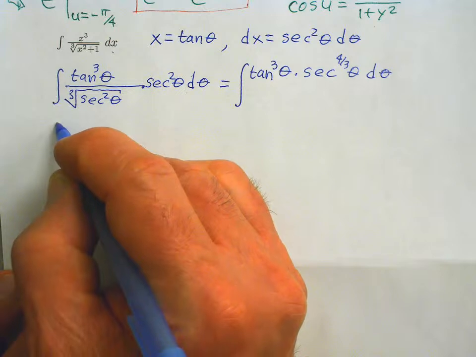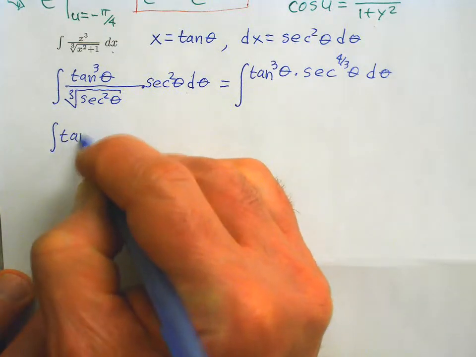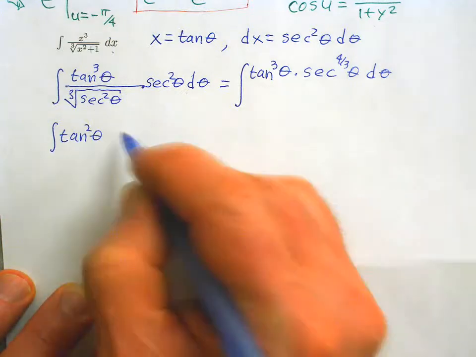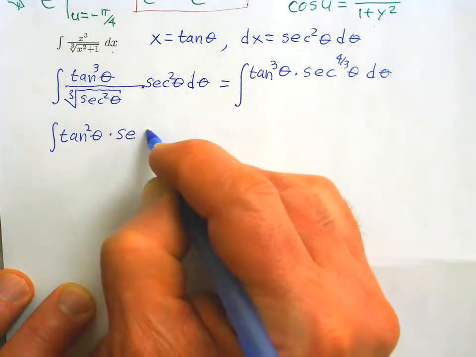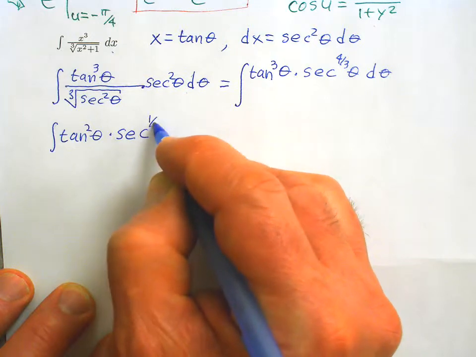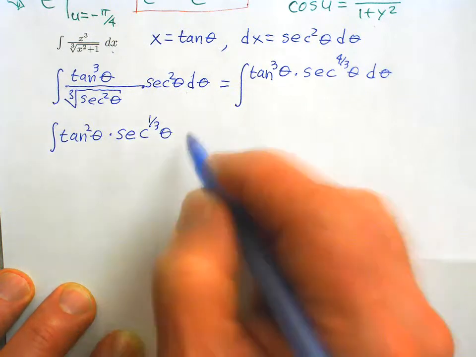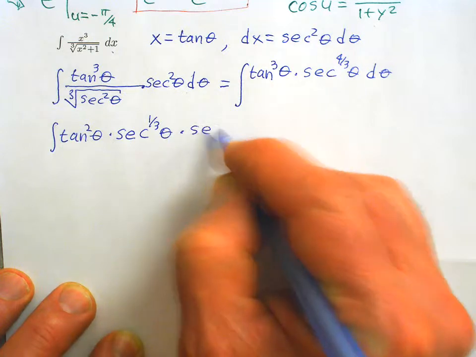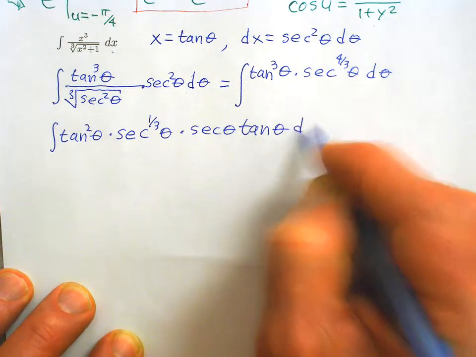So with that in mind, let's write down what we have. We have tangent of theta squared times secant of theta to the 1/3, or the cubed root of secant of theta, and then multiplied by secant of theta tangent of theta d theta.